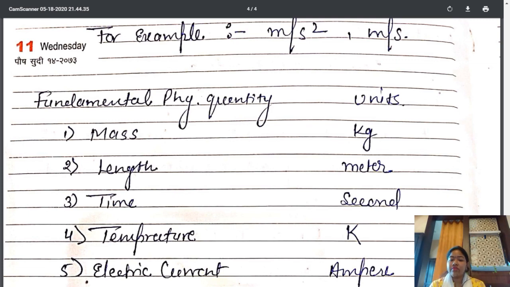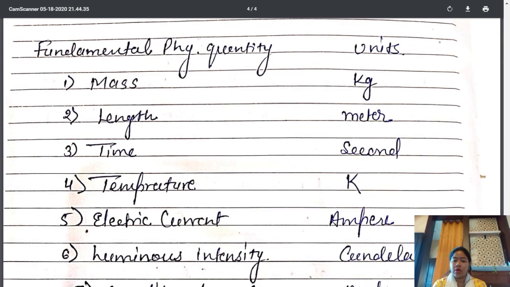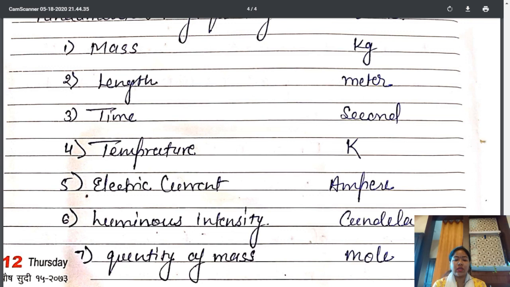The units of the fundamental physical quantities are considered the fundamental units. So we have here mass, length, time, temperature, electric current, luminous intensity and quantity of substance. These seven are in the category of the fundamental physical quantities and their units are considered the fundamental units. Other than these seven, all quantities and their units are in the category of the derived units.